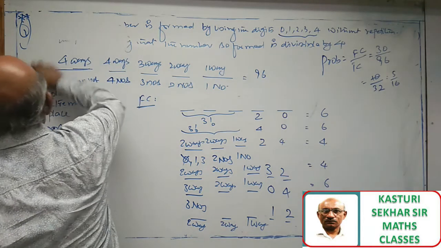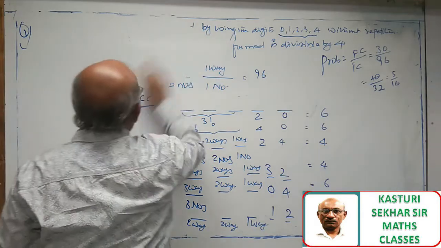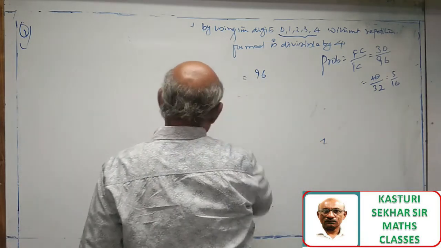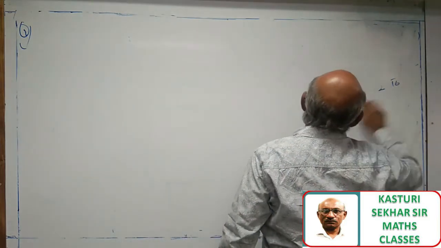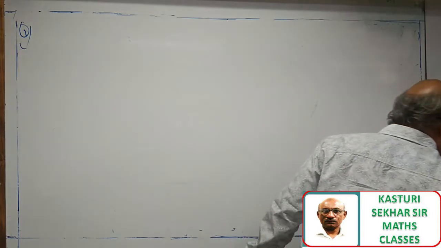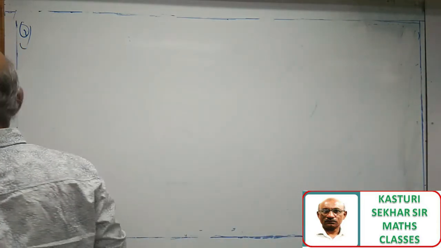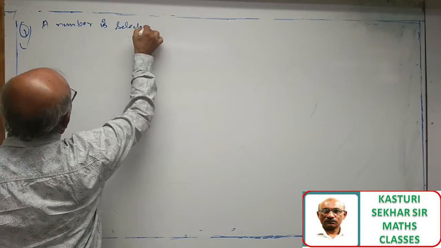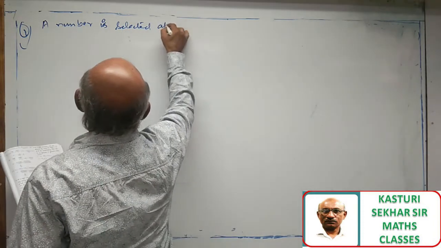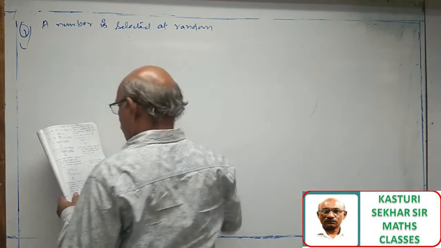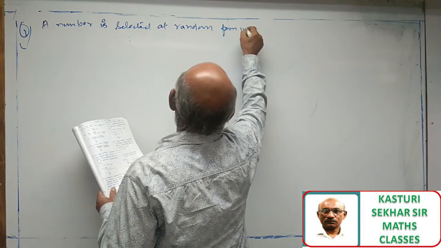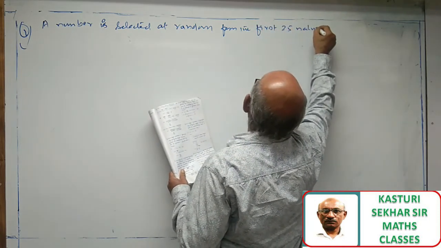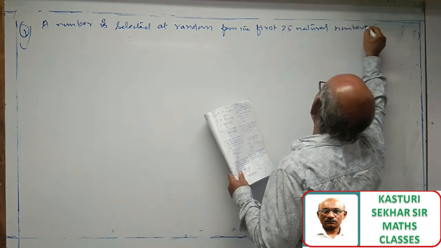Next, sir. A number is selected at random from the first 25 natural numbers.